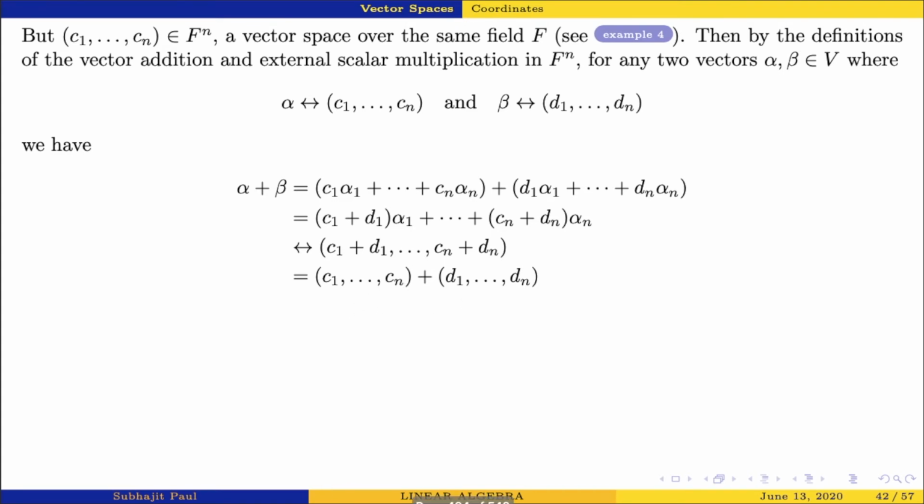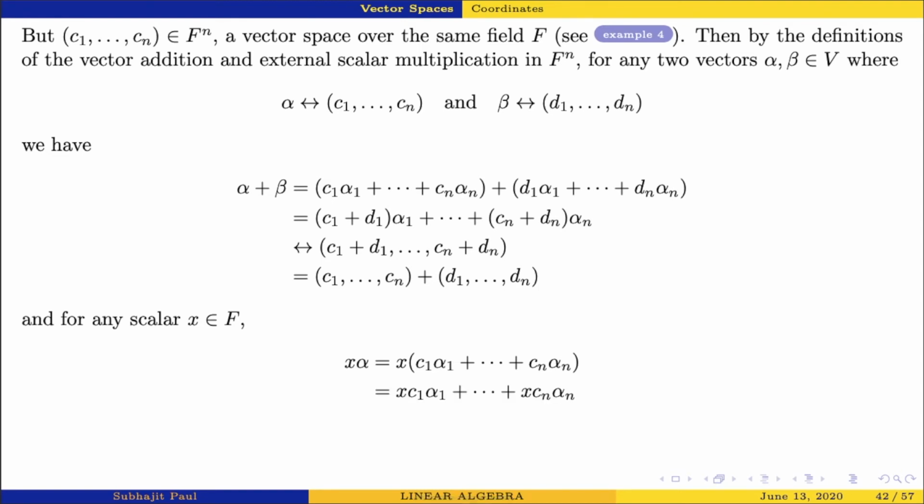For any scalar x in F, we have x times alpha equals x times (c1 alpha 1 plus c2 alpha 2 up to cn alpha n). Then this is x c1 alpha 1 plus x c2 alpha 2 up to x cn alpha n, which corresponds to the vector (x c1, x c2, up to x cn), this point in Fn, and which is the same as x times (c1 up to cn).